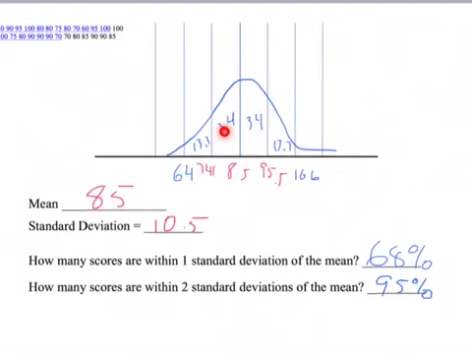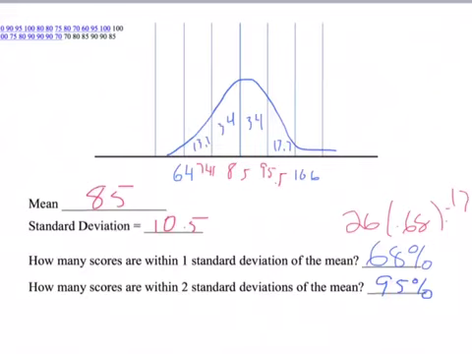So we found the percentage. Now we need to find out how many numbers actually fall in that percentage. We have 26 numbers. If 68% of our 26 numbers fall in that part of the bell curve, we need to do 26 times 68%. You change 68% to a decimal, which would be 0.68, and 26 times 0.68 is a little over 17 and a half, so we'll say it's about 17 of those grades.